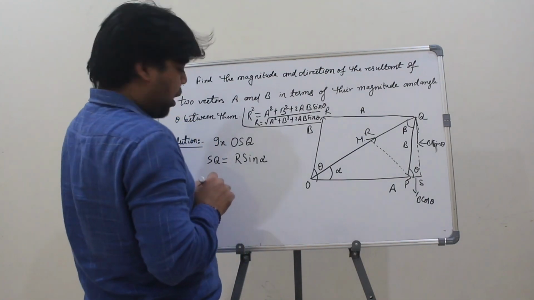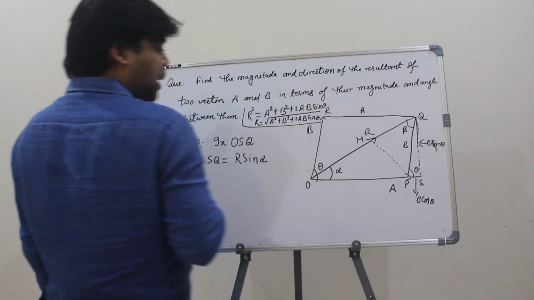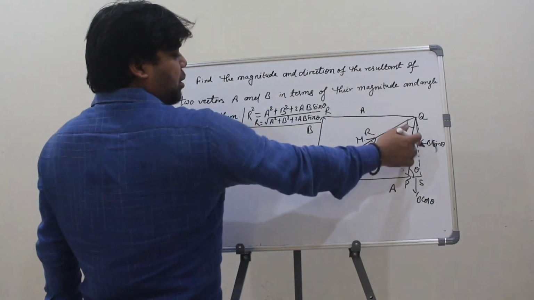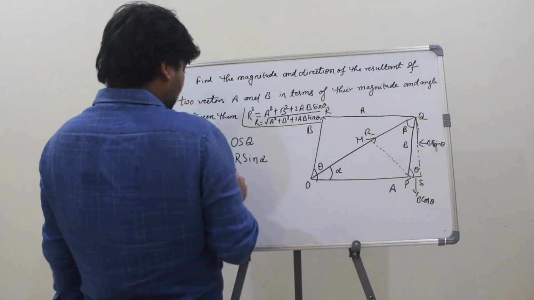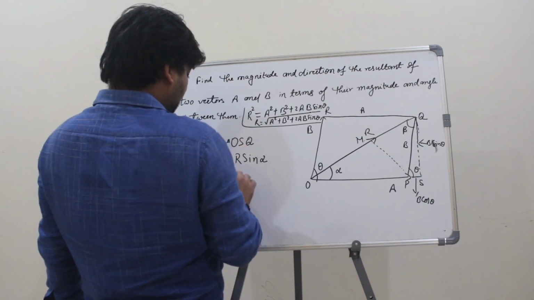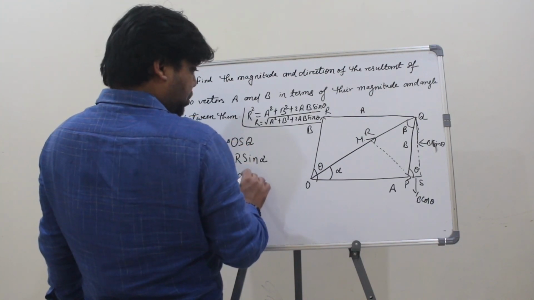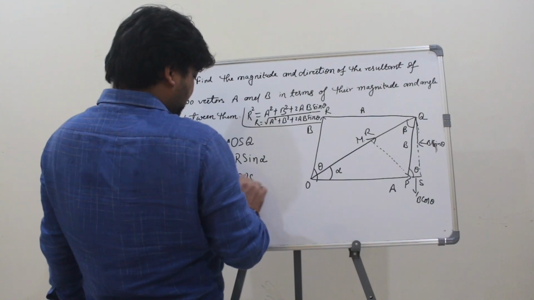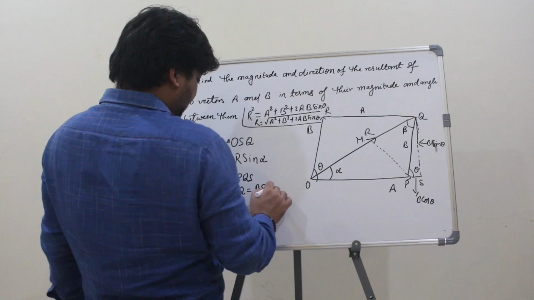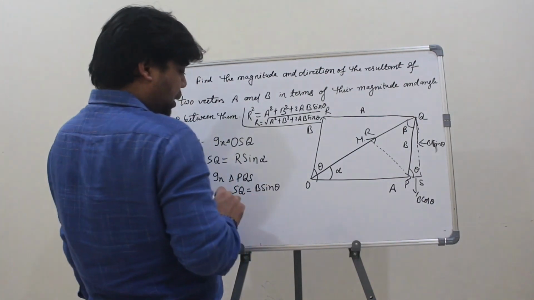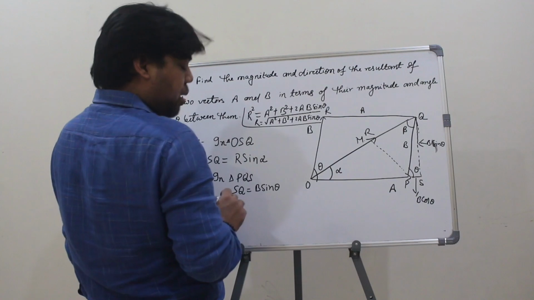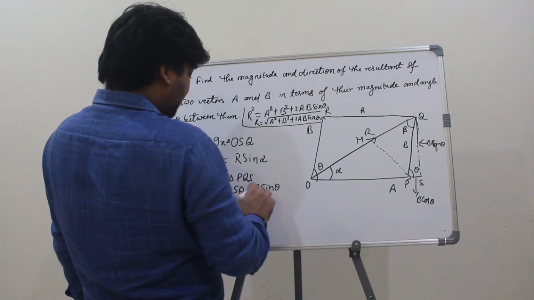And in triangle PQS, SQ is B sin theta. So what do you find?